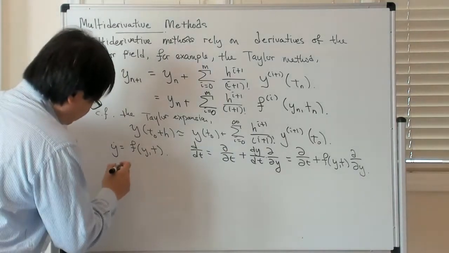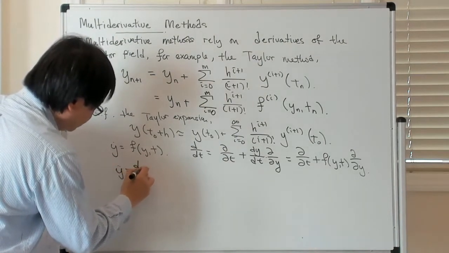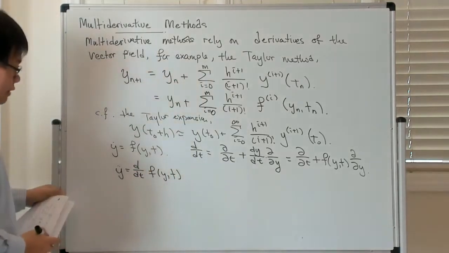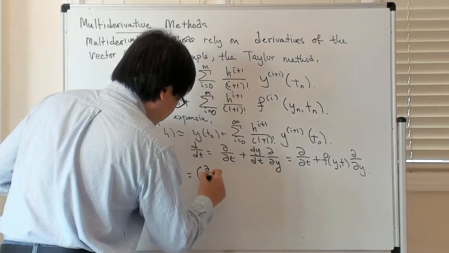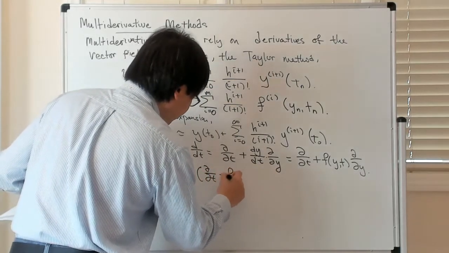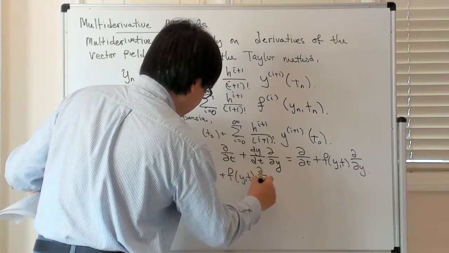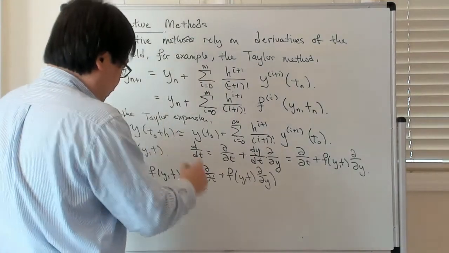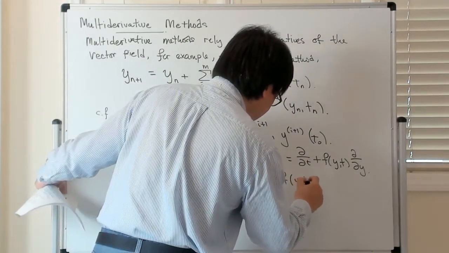Right, so if you take the second derivative, y double dot, this is the total time derivative of f at y and t. But the total time derivative is the partial with respect to time plus f of y and t times the partial with respect to the solution. Okay, and then I have to apply this to f of y and t.